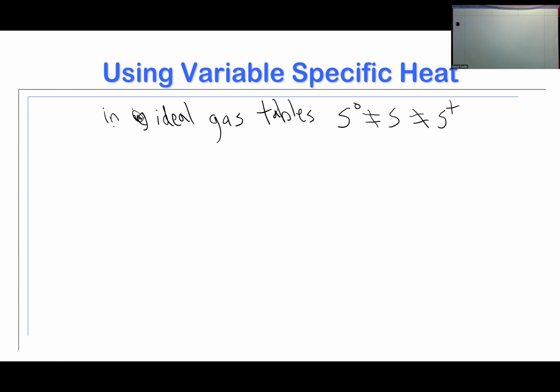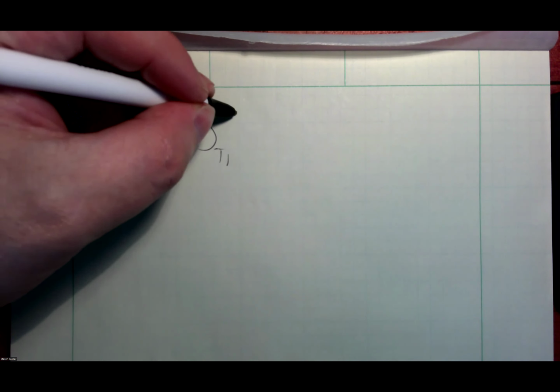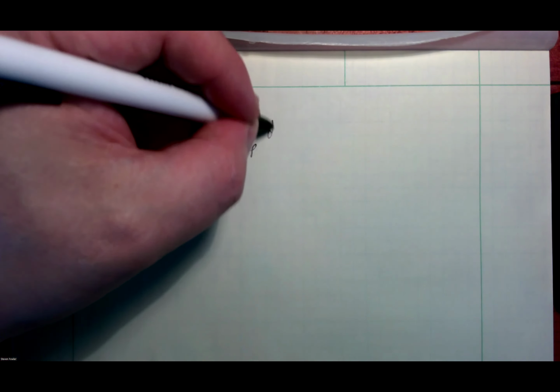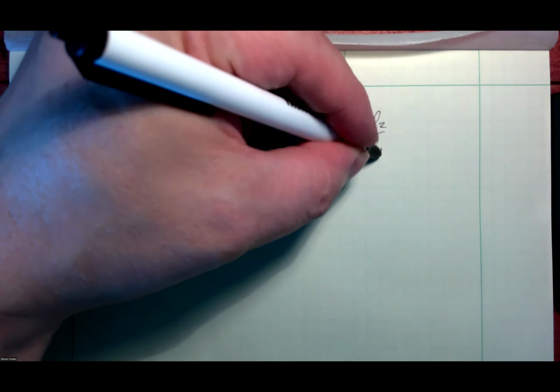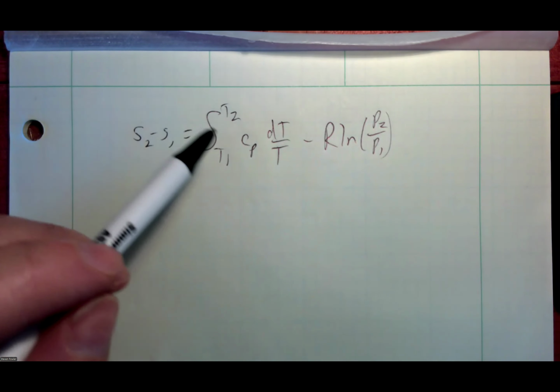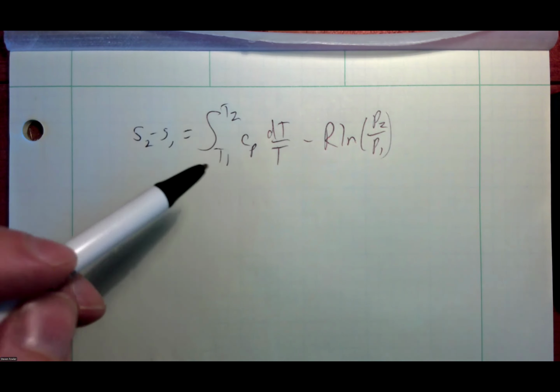If we look at the Gibbs equation, where S2 minus S1 is equal to this integral from T1 to T2 of C sub P dT over T minus R ln P2 over P1. We could look at any version of the Gibbs equation for an ideal gas, and they kind of look the same.